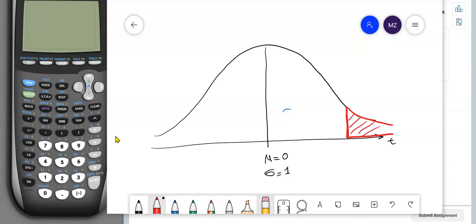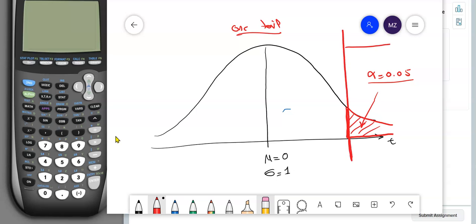So this shaded area will be my alpha, which is 0.05. And all the alpha goes to one side because it's one tail. So this is my critical value. This is where the separation is, this is my reject zone. Reject H0. I know we don't have H0 drawn, but that's where the reject H0 is going to be.